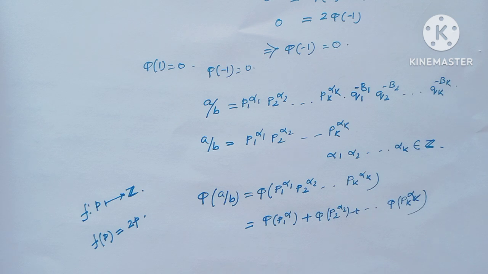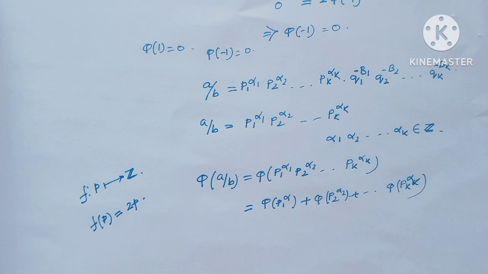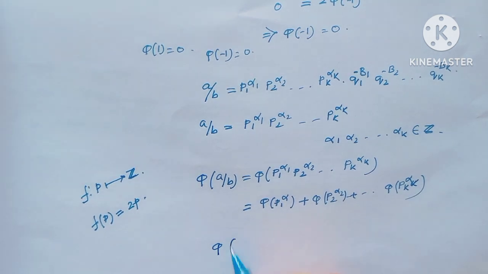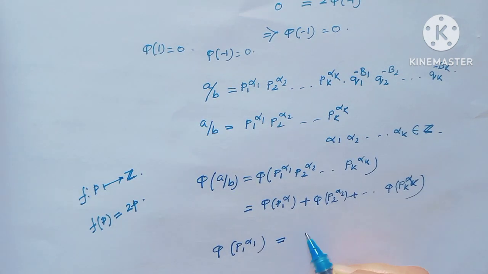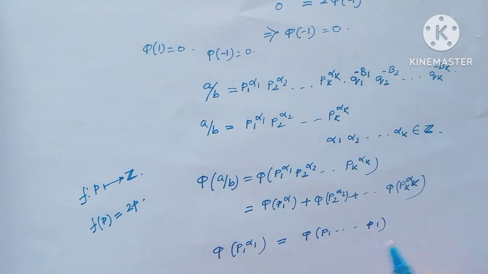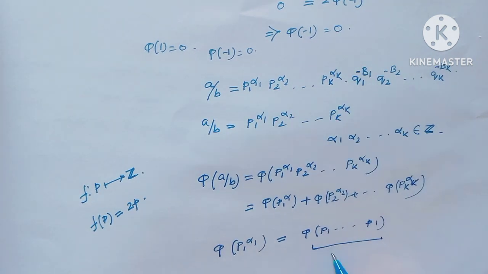Therefore, phi of P1 alpha 1 plus phi of P2 alpha 2 up to Pk alpha k, we can write this as phi of P1 alpha 1, which means phi of P1 up to P1, alpha times.